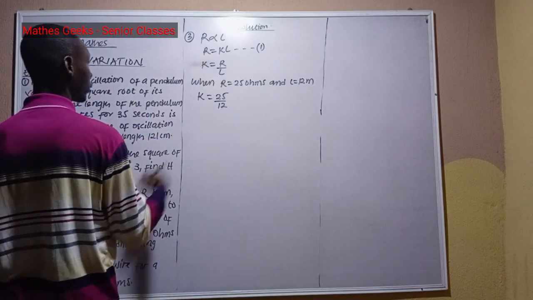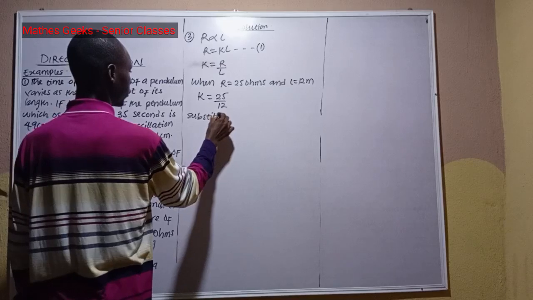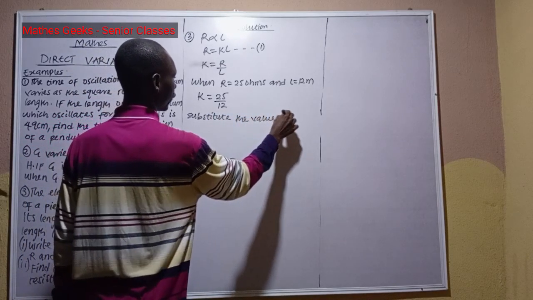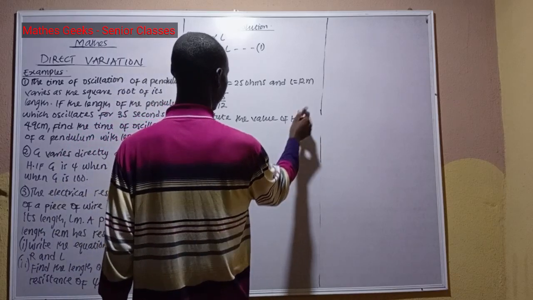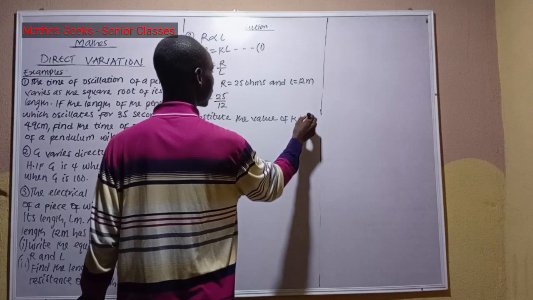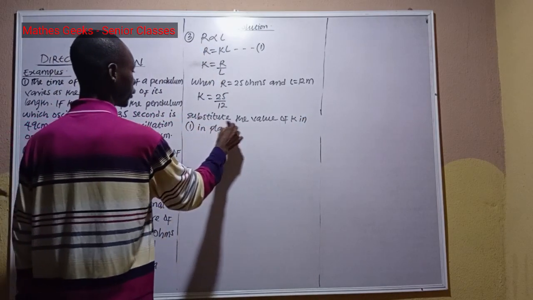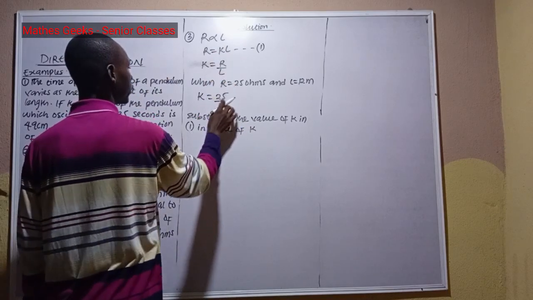So to get the formula connecting R and L, we just substitute the value of k in equation 1 in place of k.